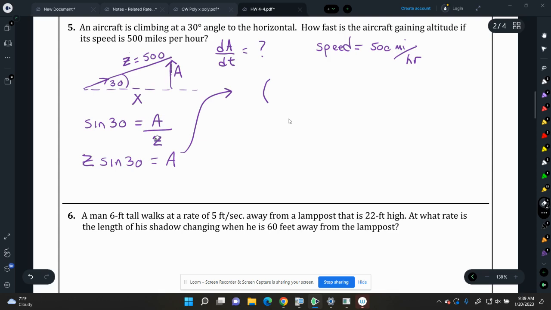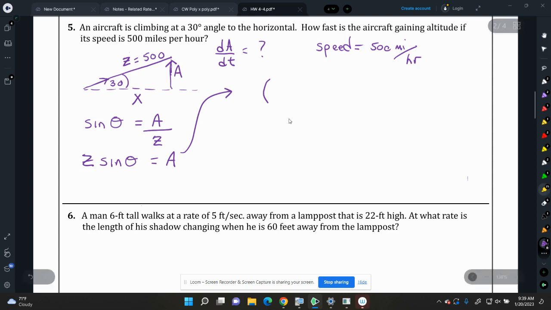I just prefer product rule over quotient rule. In fact, now that I'm looking at it, I should not have even put the 30 in there. Sine of theta, that's my formula. Why don't you keep the 30? Because in this case it will work out okay, but we don't want to have that habit of substituting in the values early. You want to come up with your equation first, differentiate, and then substitute in.